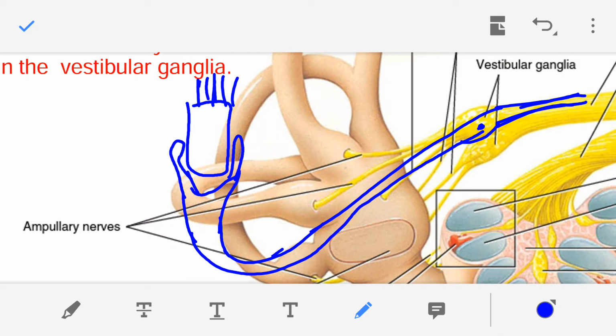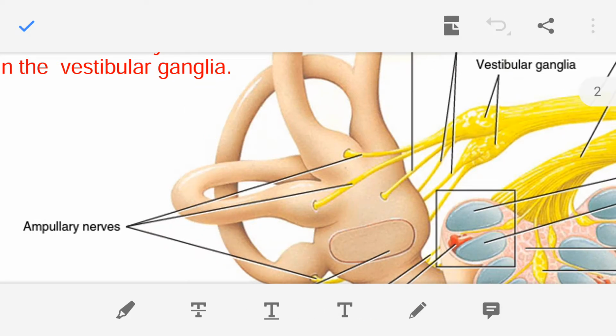So the dendrite of the primary sensory neuron synapses with the hair cell, and this hair cell releases the neurotransmitter known as glutamate. These glutamates join with the primary sensory neuron, and now the nerve impulse is generated and is propagating this way, in this direction.